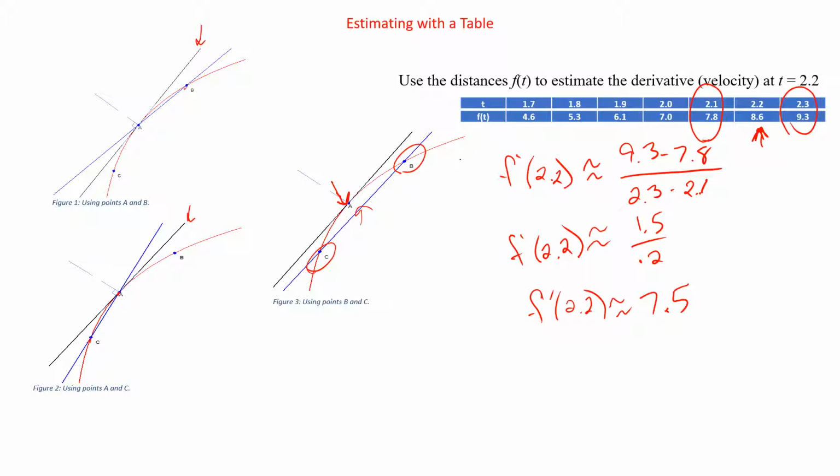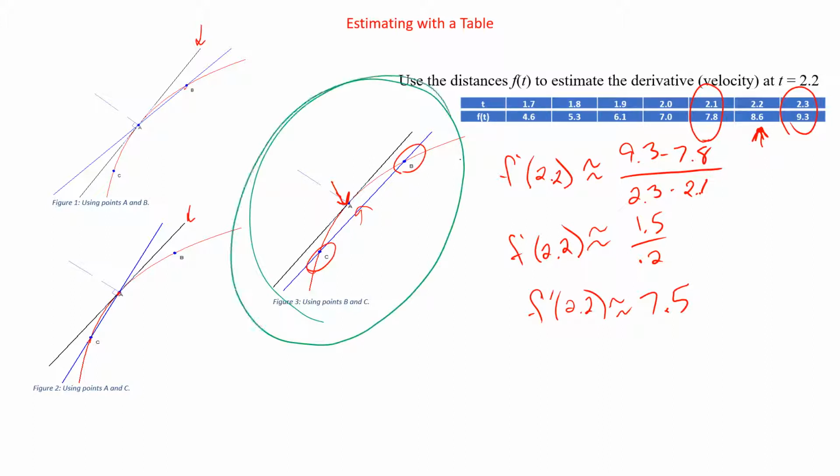And so that was using a table to estimate the slope at a point, to estimate the derivative at a point. This was another of those topics that doesn't actually involve calculus. The idea that we're going to use those points to get a tangent line, that's calculus, but the actual computation part of it is not calculus, and it's not particularly difficult.